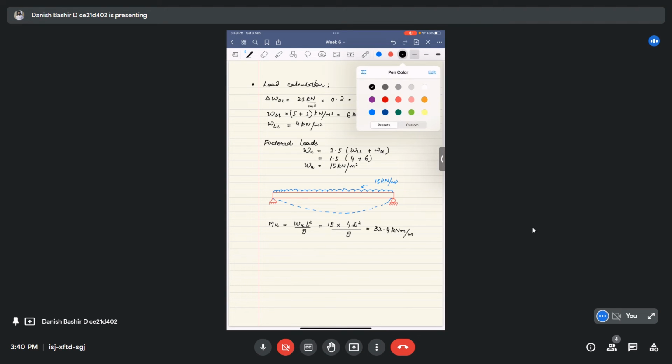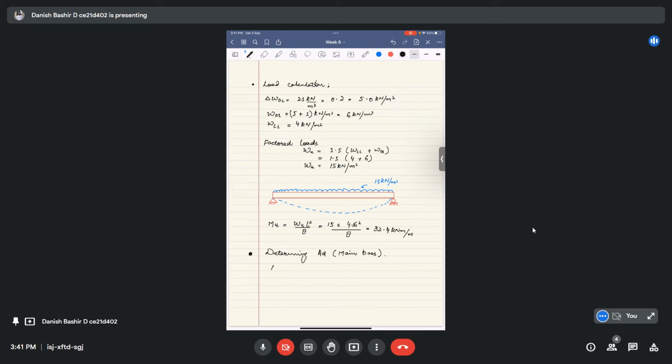Now the step is we have to determine our Ast. Determining Ast, and this Ast is for main bars, or primary reinforcement. For main bars we have to calculate Ast. For Ast we have the formula like this.